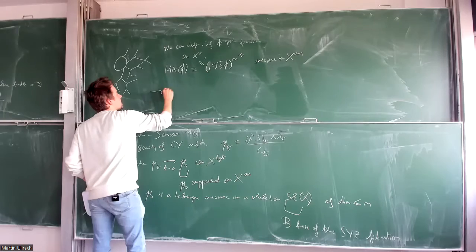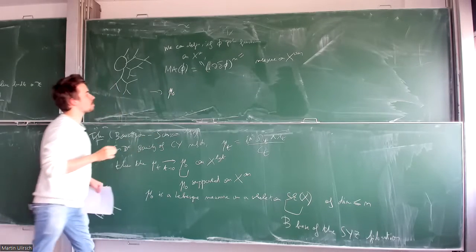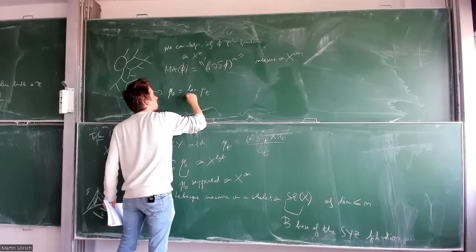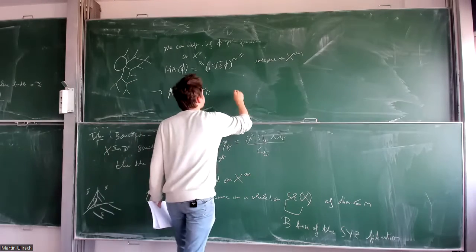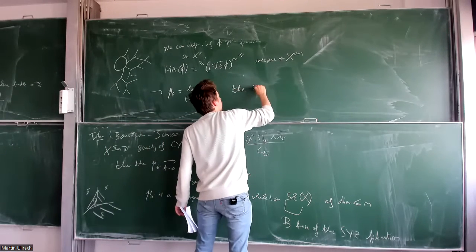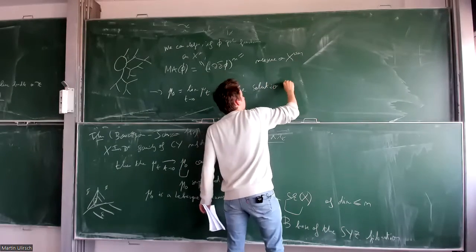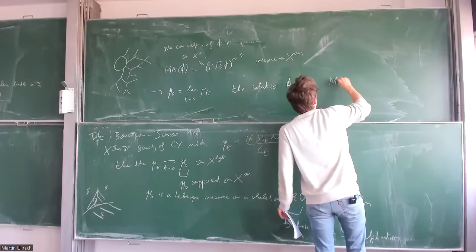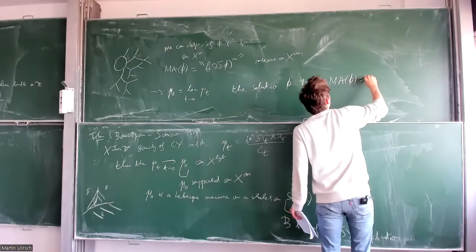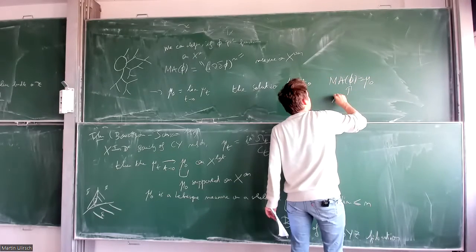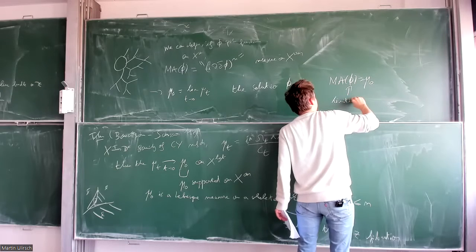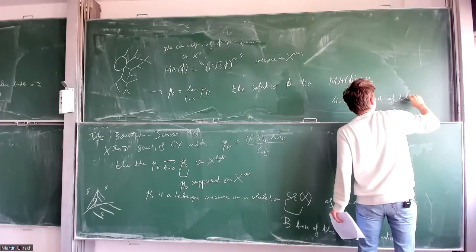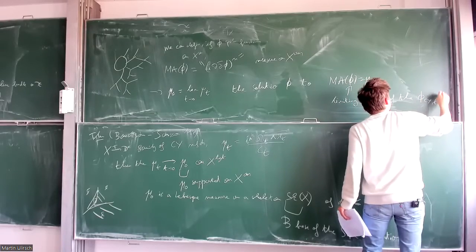And so now the basic idea is that since my Lebesgue measure earlier, μ_0, was the limit of the μ_t's when t goes to 0, the solution φ to the non-Archimedean Monge-Ampère equation, MA(φ) = μ_0, this should be the limiting object of the φ_t's of the Calabi-Yau metrics.